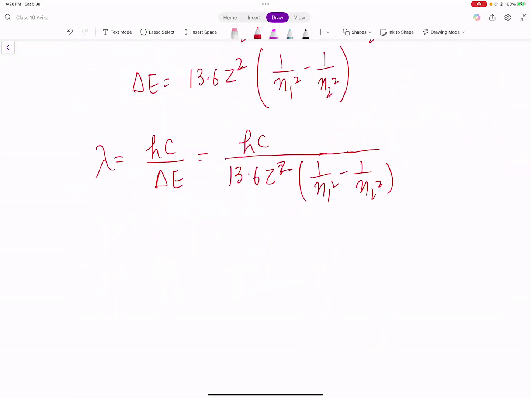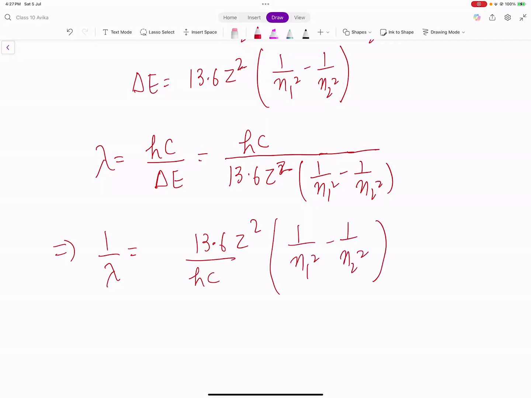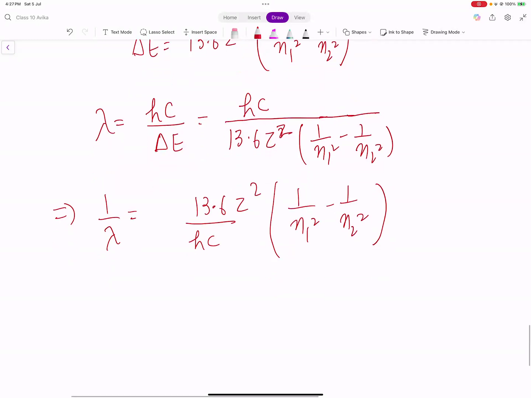Let's take a reciprocal. It implies 1 by lambda is equal to 13.6 Z square by hc, and then this will go like this, right? It's the same formula, because 13.6, h and c will be constants.